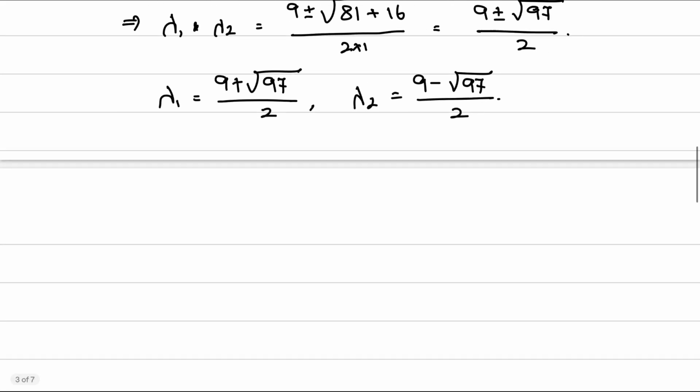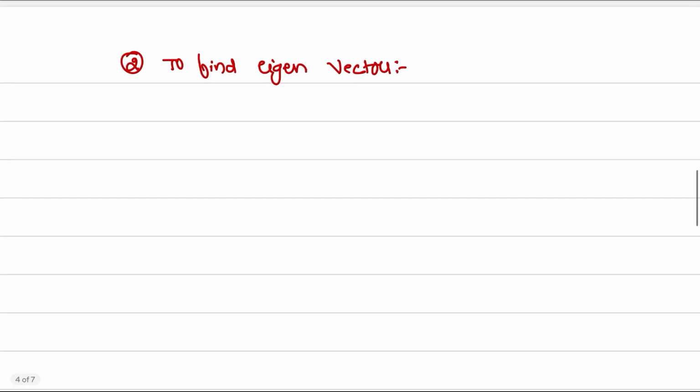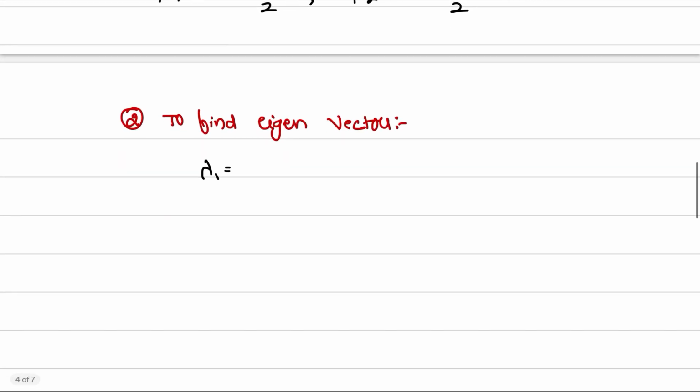Next step, second step, to find eigenvectors. Eigenvalues we have got; we have to find the eigenvectors. To find the eigenvectors, what is the value of the first lambda? Lambda 1 is equal to 9 plus square root of 97 by 2.